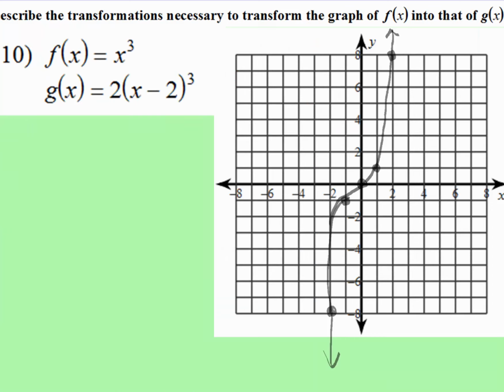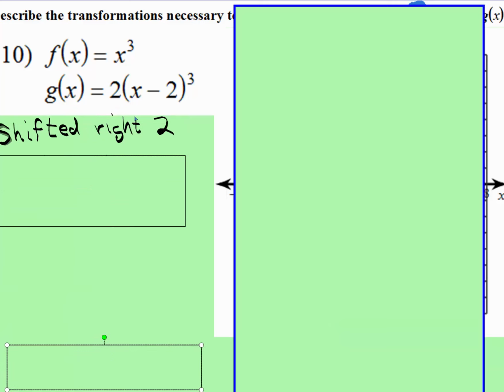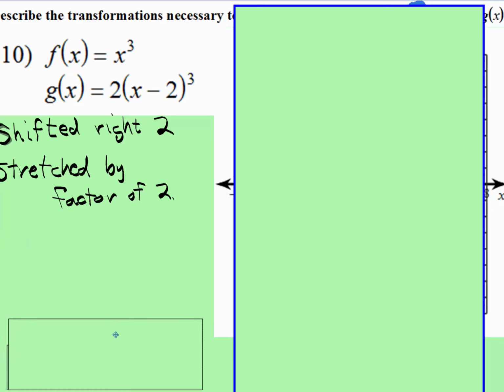All right, let's keep going. Again, another transformation. This is now a cubic. So here's our basic cube graph. Notice we've got another inside shift, so that means that we shift left or right, and this is going to be a stretch. It's going to be 2 times as tall. So it got shifted. The opposite of -2 is 2, so we shift it right 2, and then when it's going to be taller, that's called being stretched by a factor of 2.